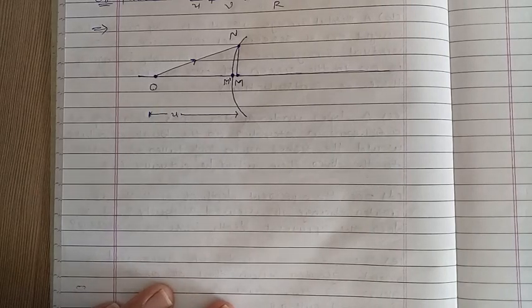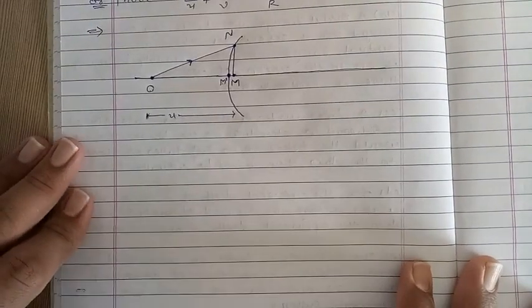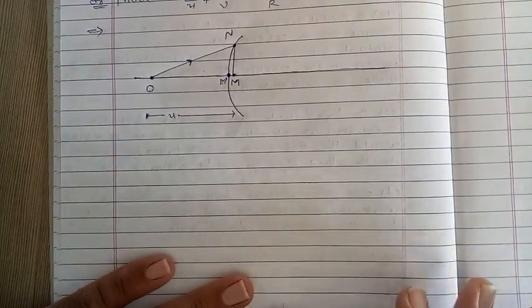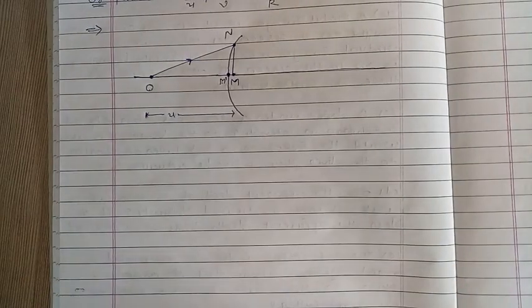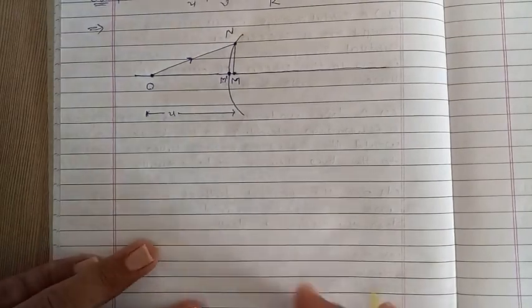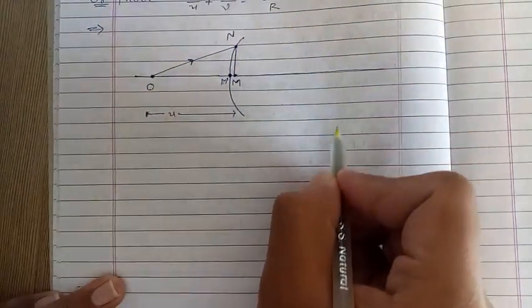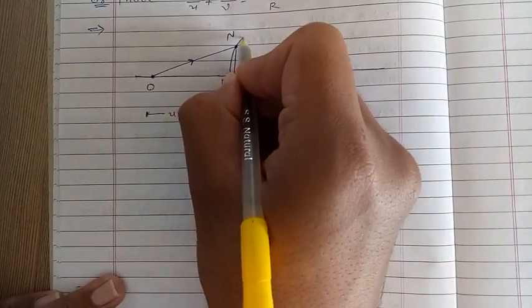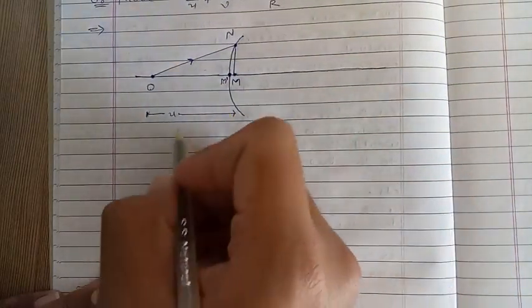Okay, now we already discussed that if we draw a normal, this normal is always passing through the center of curvature, right? We already discussed that. So here this is the spherical surface, like this, this is our surface.